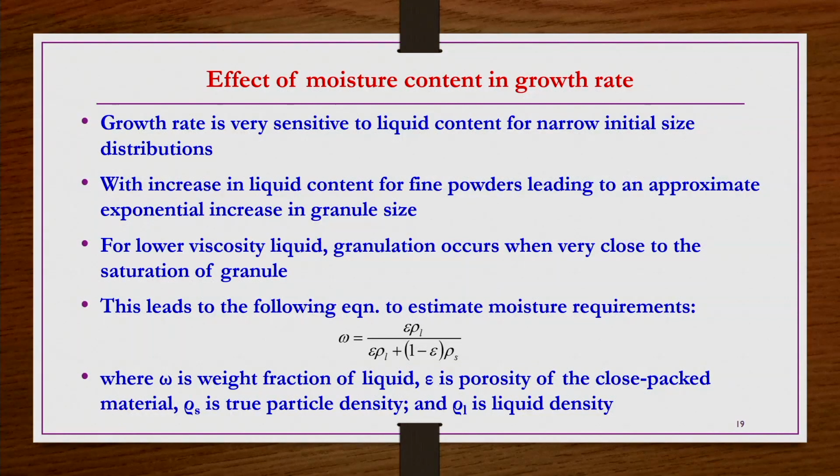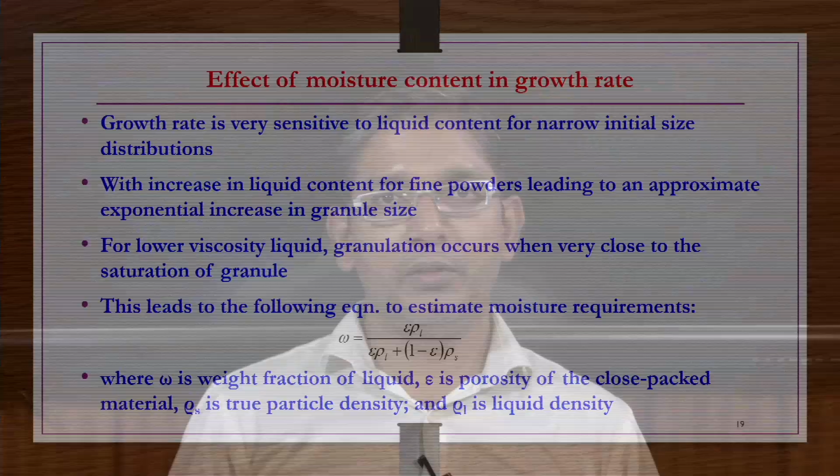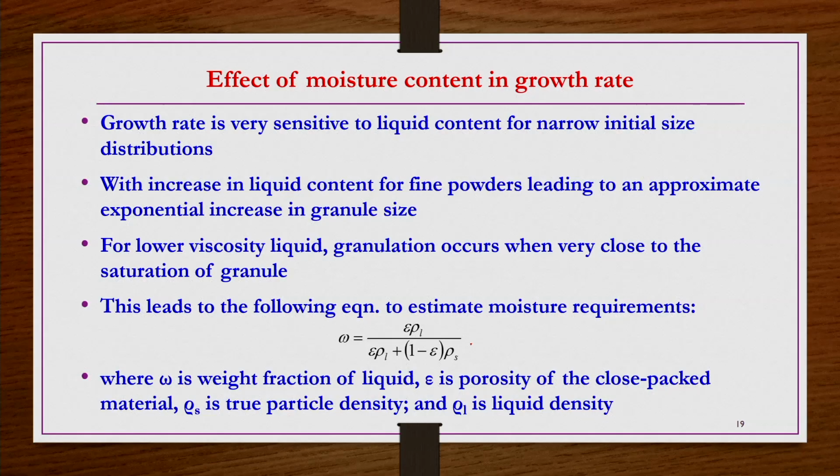When this material is taken inside the granulating equipment, the porosity of that material, or the volume fraction of interstitial spaces, is epsilon. Then using this equation you can know what fraction of liquid you should use. If this comes out to be, let us say, 0.2, that means 20% of liquid should be used based on the initial solids that you have taken.